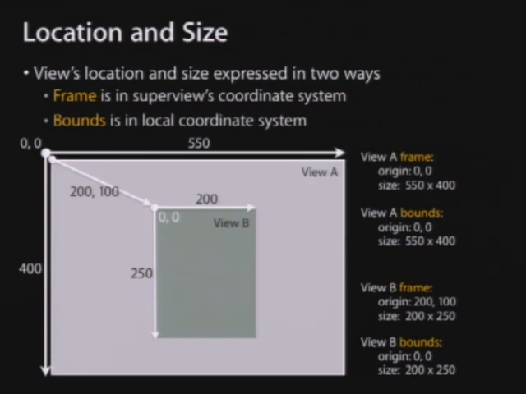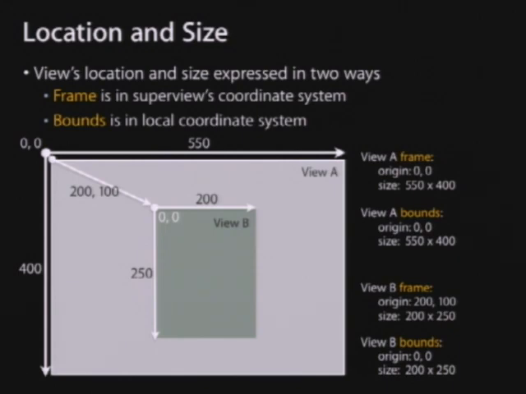In this case, view B, its origin is its own top left corner in its bounds. But its frame is 200 by 100 from its parent. Does that make sense? So there's really two different frames of reference here. One is with respect to how it's positioned to its parent. The other one is how it looks to itself.